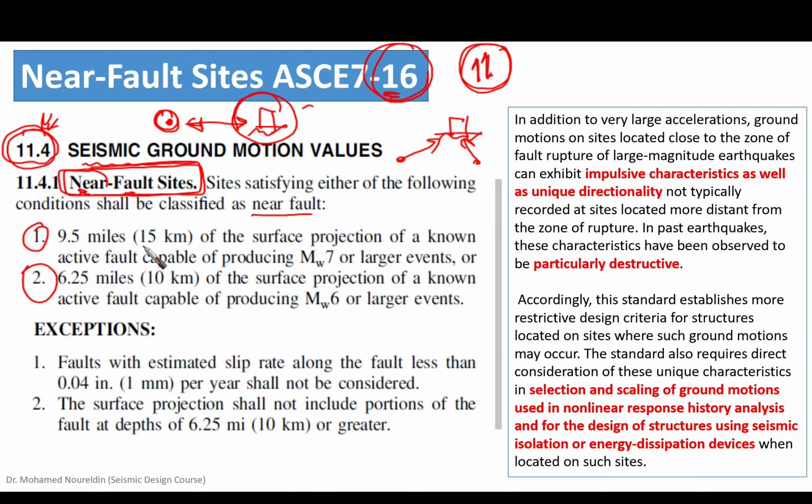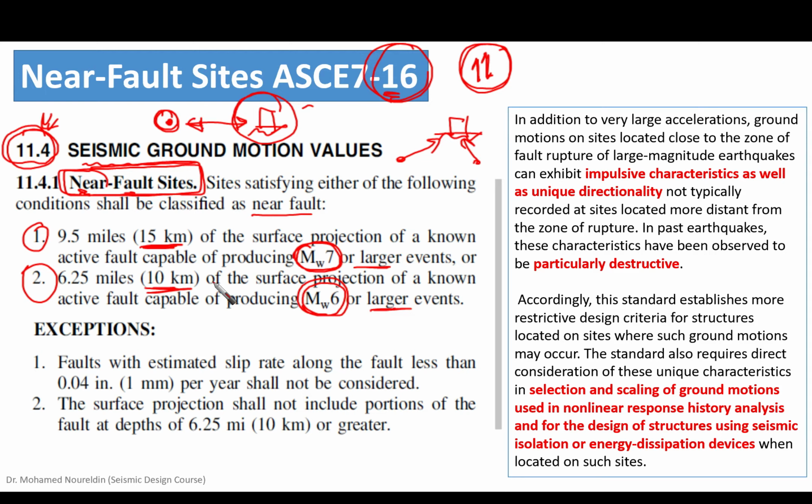So if the building is within 15 kilometers of the surface projection of the known active fault capable of producing moment magnitude 7 or larger events, or 10 kilometers if the fault is capable of producing Mw 6 or larger.